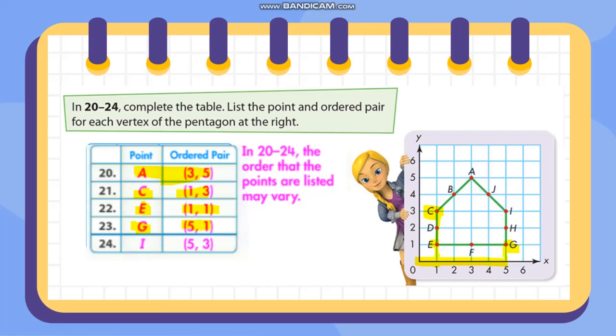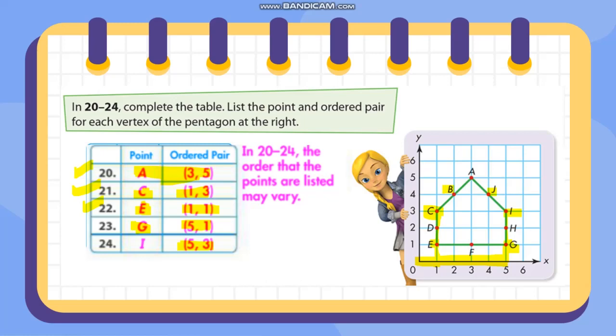And letter I is this, so the same thing from the point of origin going to the right, so we have 5, then going up we have 3, that's why 5, 3 is the ordered pair. So those are the possible answers for point A, point C, point E, point G, and point I. So if you want to use point J, point B, it's up to you.